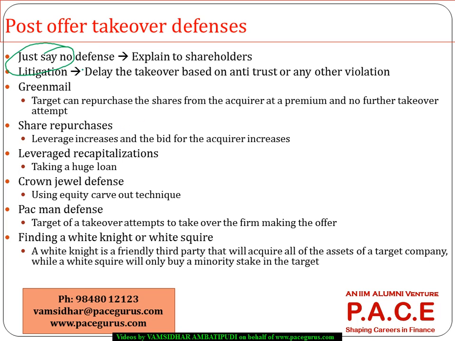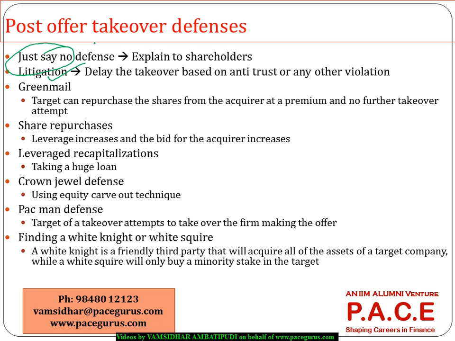favoring this takeover process. The second interesting thing which the company can do is get into a litigation process, file a case against the acquiring company on some basis. It could be on antitrust grounds or any other kind of violation. The settlement process takes some time, and the court can give some kind of orders in terms of stopping the acquisition process.